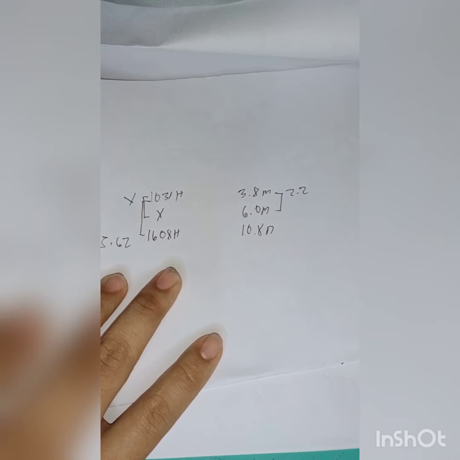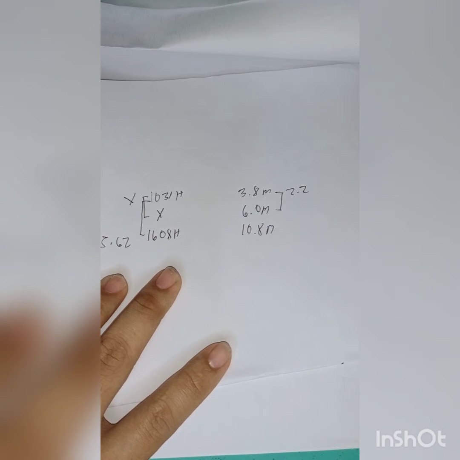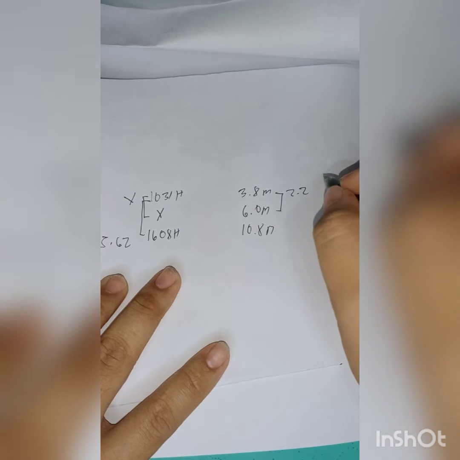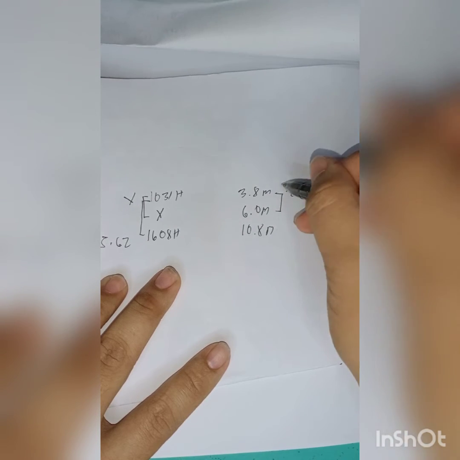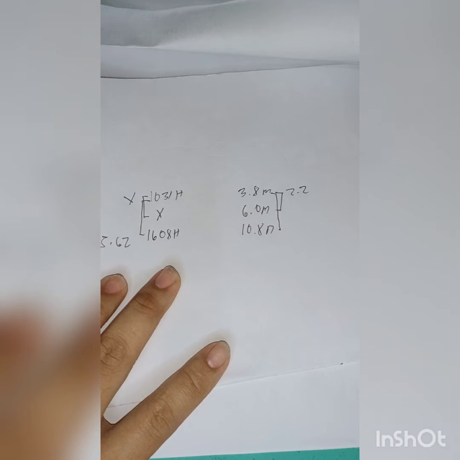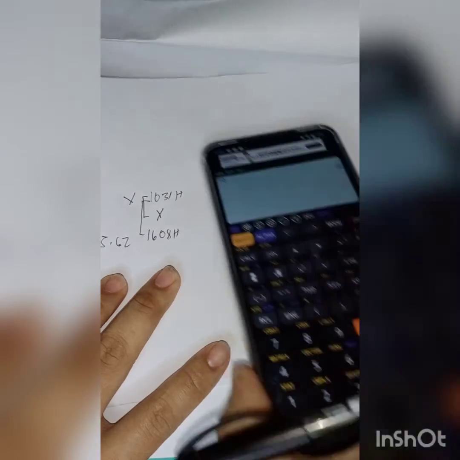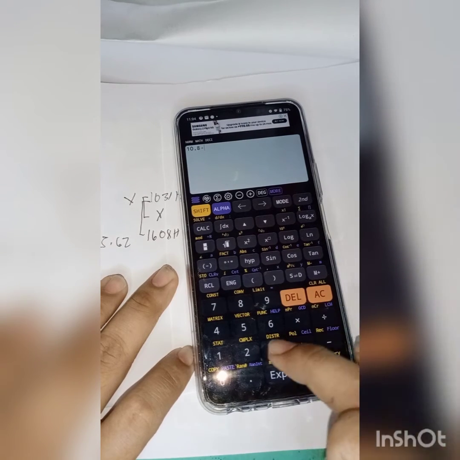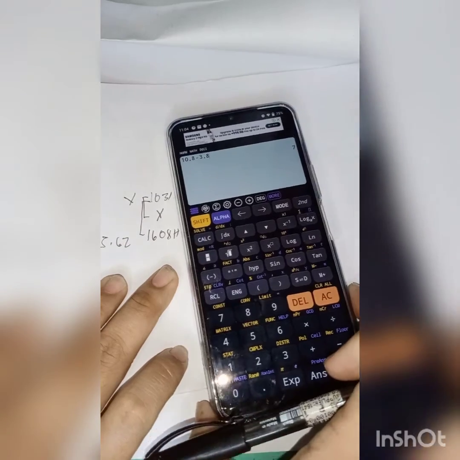So 6.0 minus 3.8 is 2.2. And between 3.8 and 10.8 meters: 10.8 minus 3.8, the answer is 7.